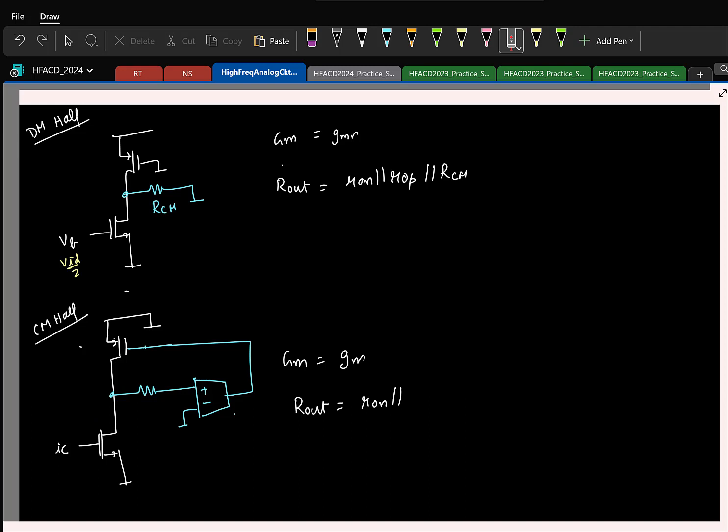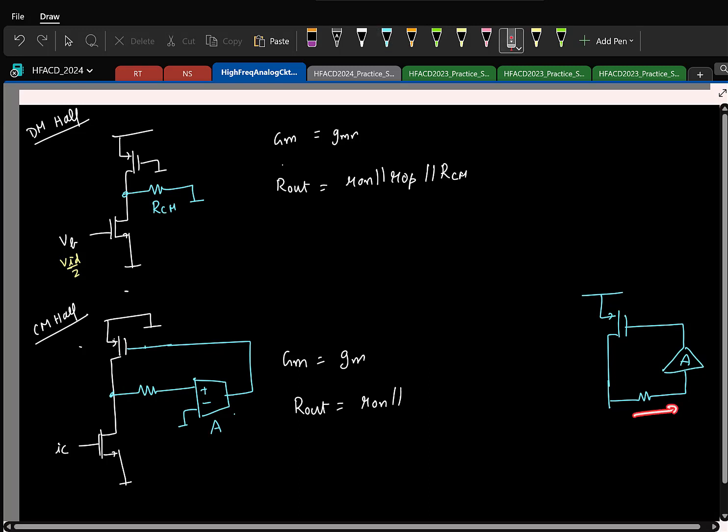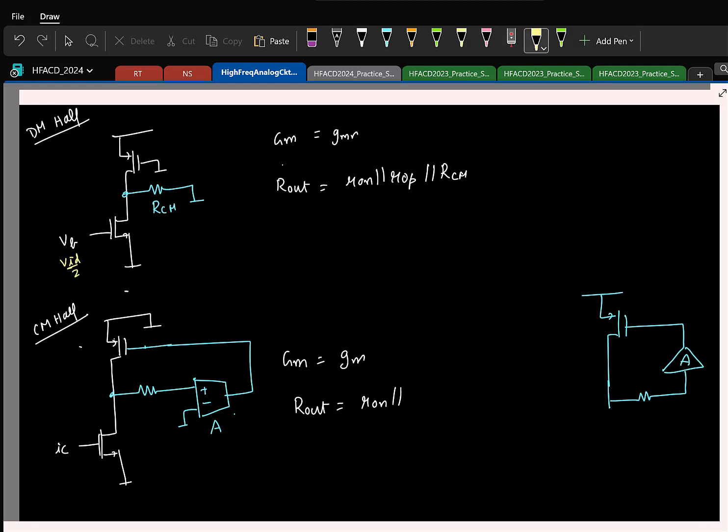Okay, so let's simplify it. Let us say this has a DC gain of some A. So I can basically redraw this like this. I have the PMOS and then I am having a gain of A. Same thing, I have simplified it. Again, the resistor will not take any current, so that's not relevant at all. So here if you apply a test voltage, what will be the gate voltage here?